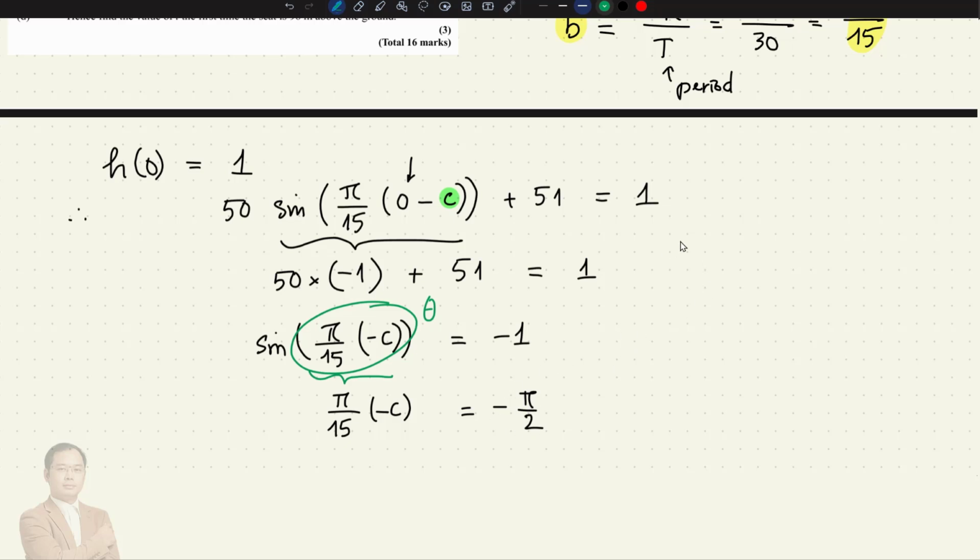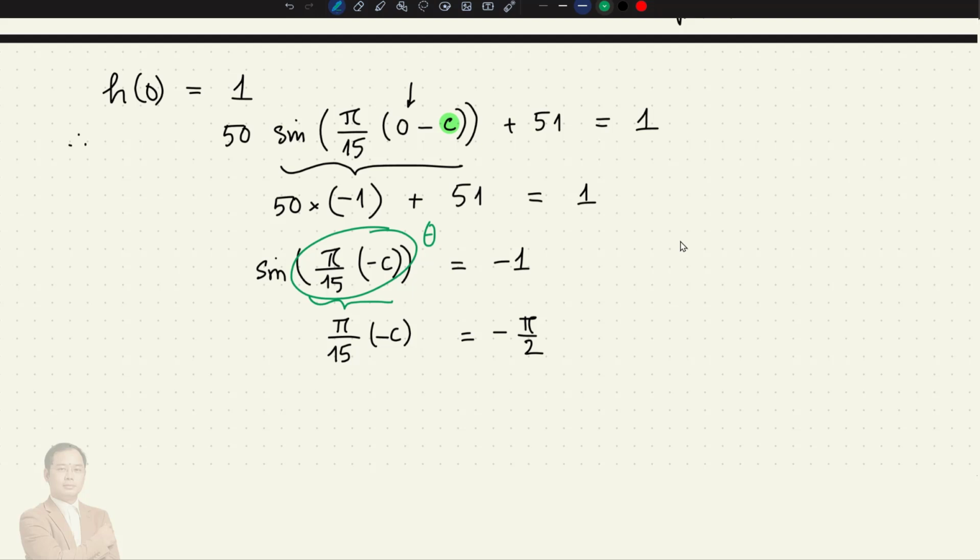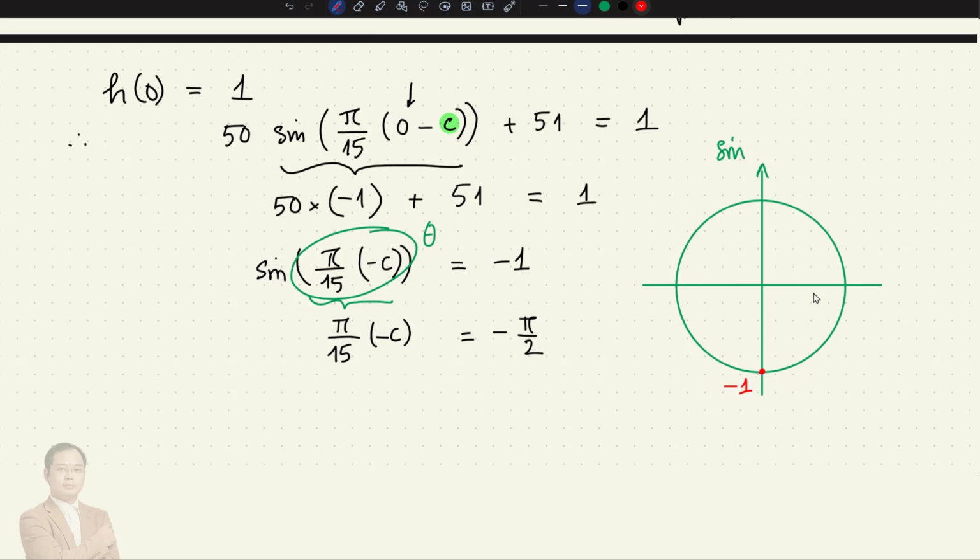There are two ways. Firstly, we can use a calculator, if this is paper 2, where we are allowed to use a calculator. The second way, if the calculator is not allowed, is to use the unit circle. This is the unit circle, with the vertical axis here being the sine axis, and for the sine to be equal to minus 1, which is the bottom of the unit circle, the angle measured from the horizontal axis must be minus pi over 2.